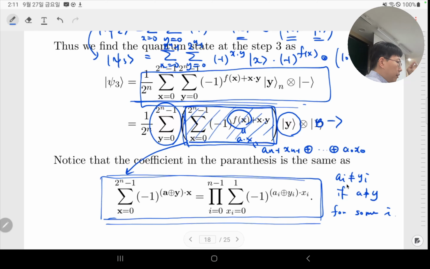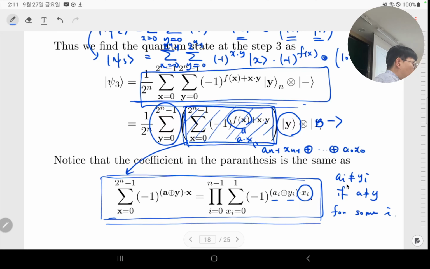Okay? So if they are different, what would happen? If you add two different numbers in Boolean algebra, it's always 1. If they are the same, they add together to get 0. But if they are different, then it's always 1. So you get a survival of xi.